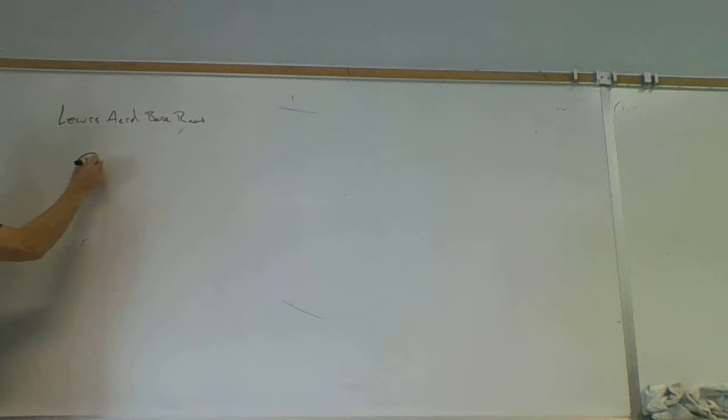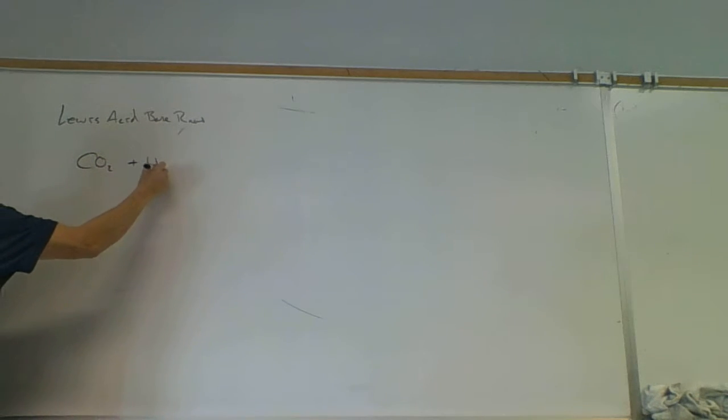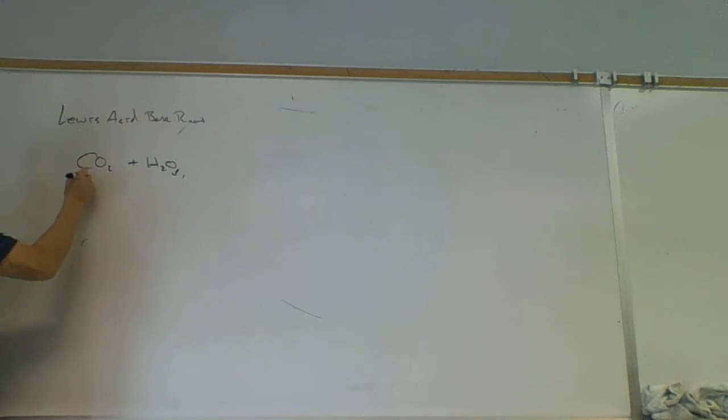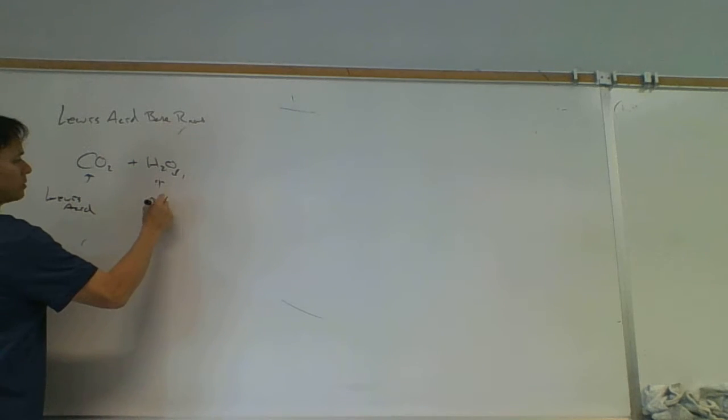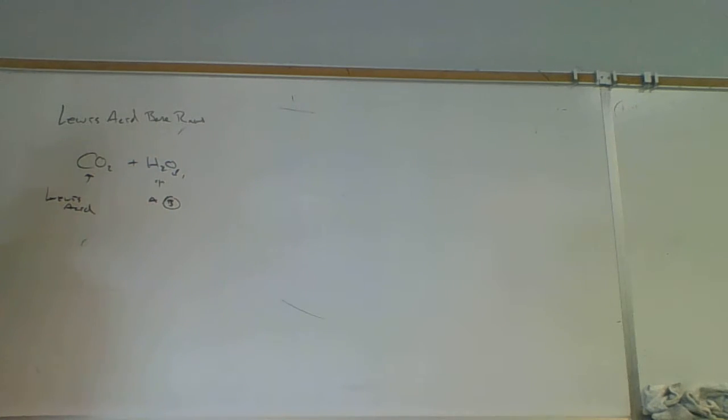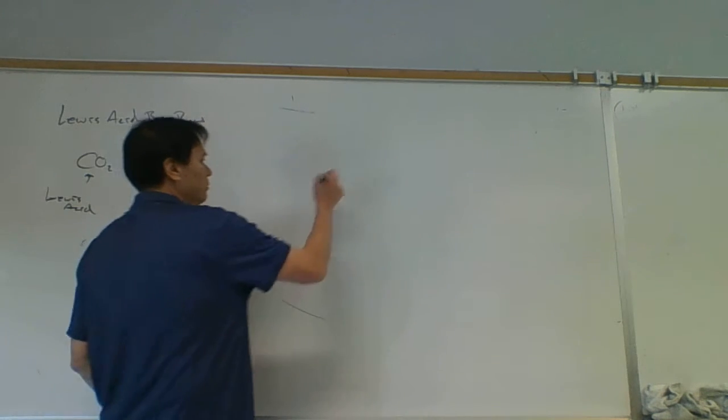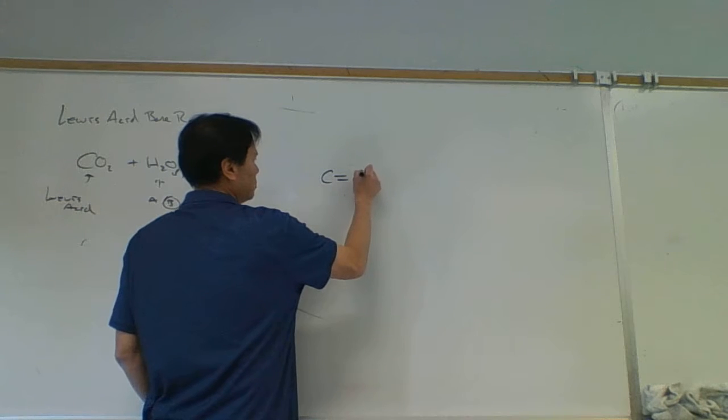Let's say I want to do this reaction, carbon dioxide and water. Carbon dioxide, this is what we call Lewis acid. Water could be either an acid or a base. In this case, it's going to be a base. The first thing we need to do is draw out the Lewis structure.